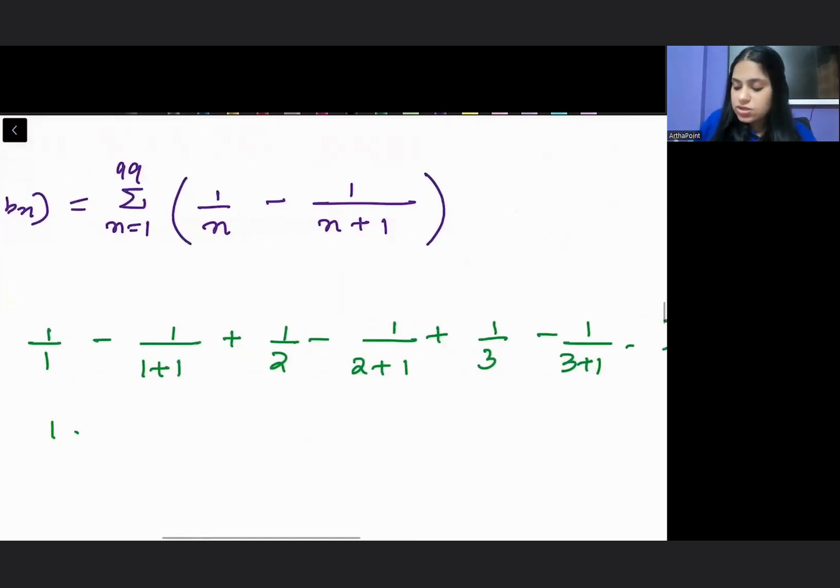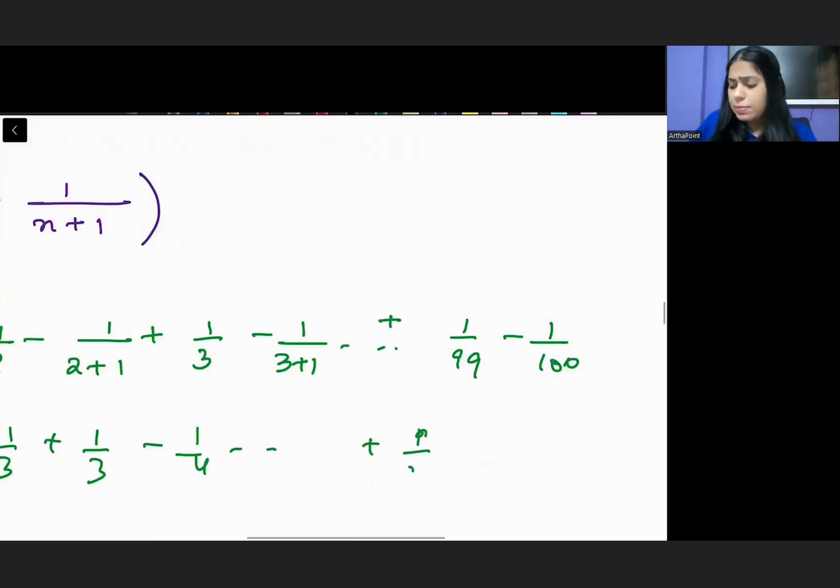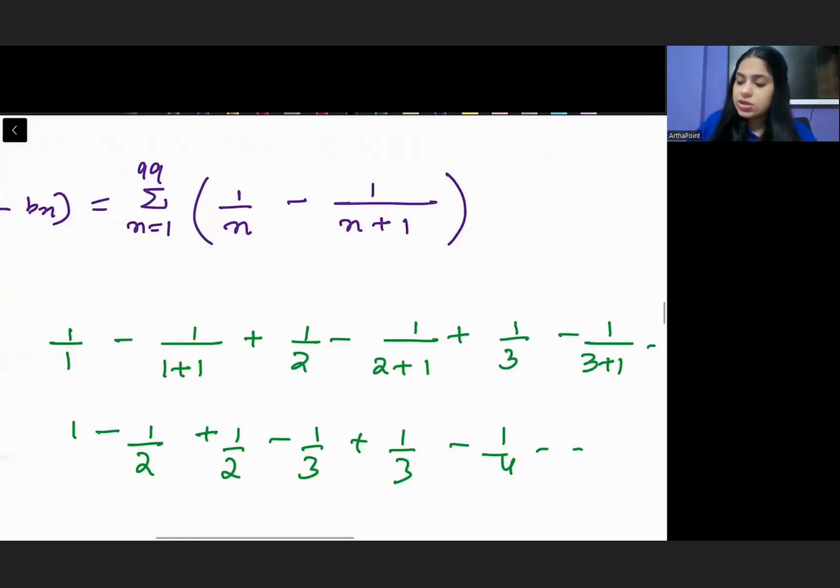So what we will notice is, this will come as 1 minus half plus half minus 1 by 3 plus 1 by 3 minus 1 by 4 till 1 by 99 minus 1 by 100. So you will notice that all of these things will cancel out, cancel, cancel, cancel.